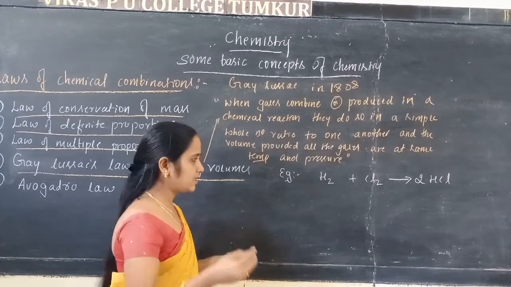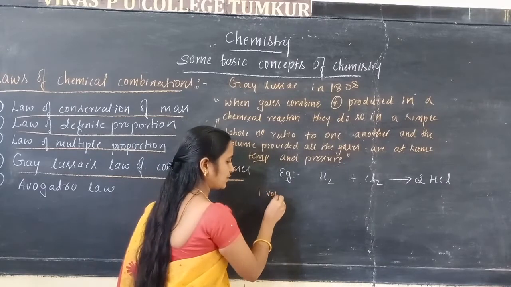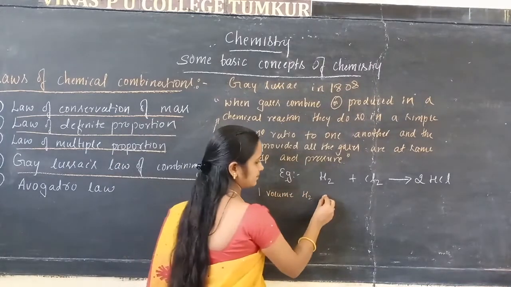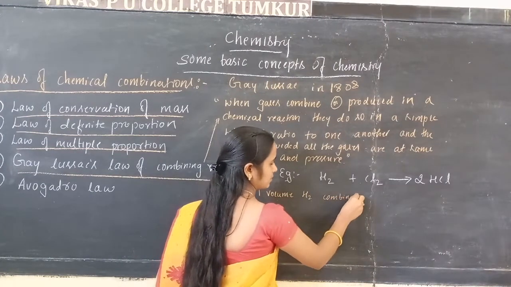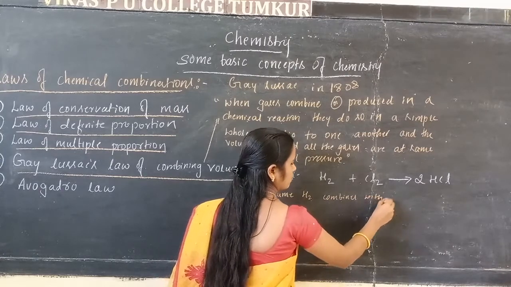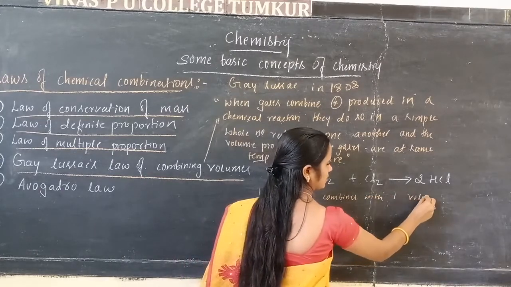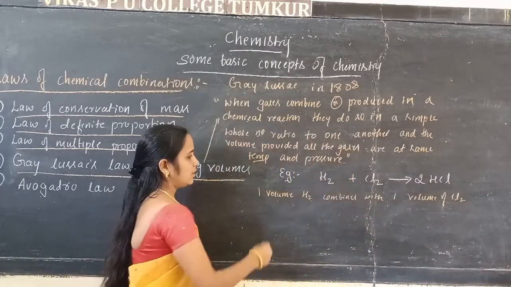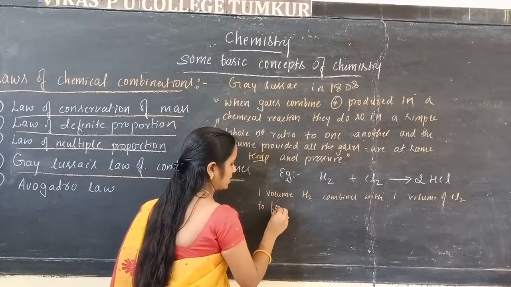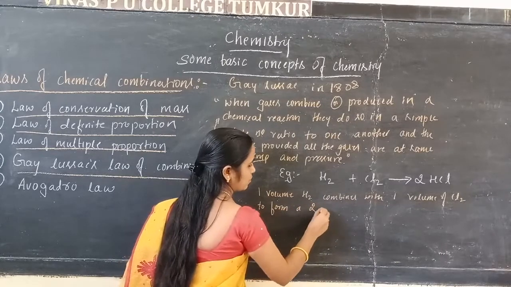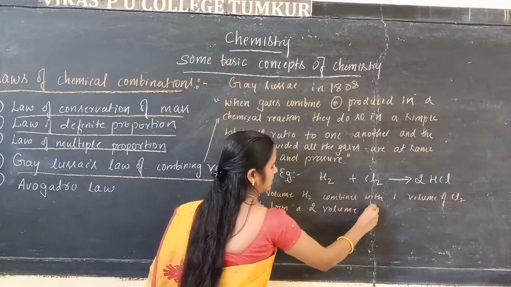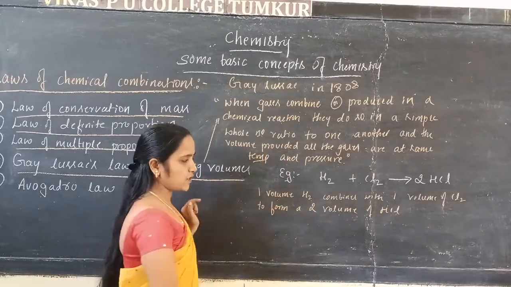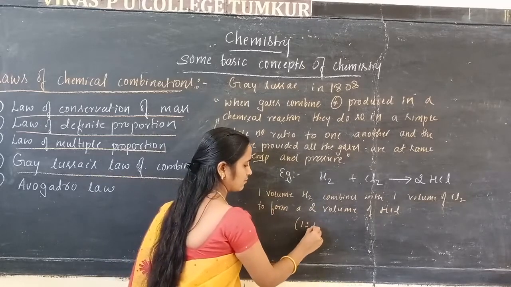In this we can say that one volume of hydrogen combines with one volume of chlorine to form 2 volumes of HCl. It means the whole number ratio is 1:2.